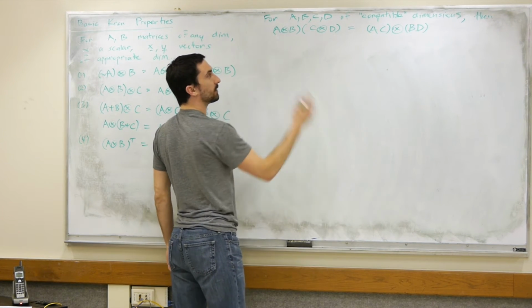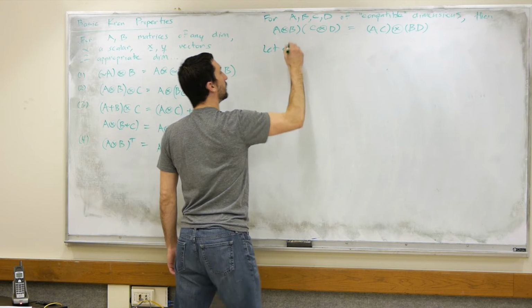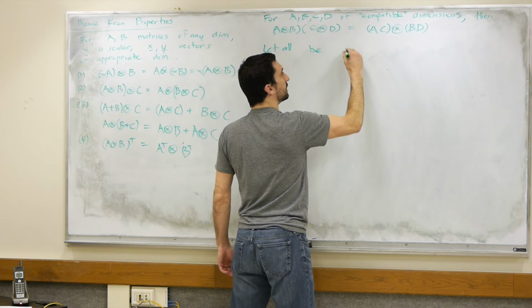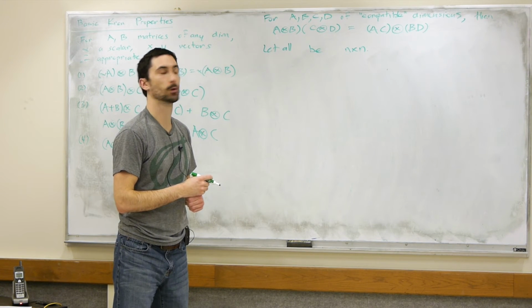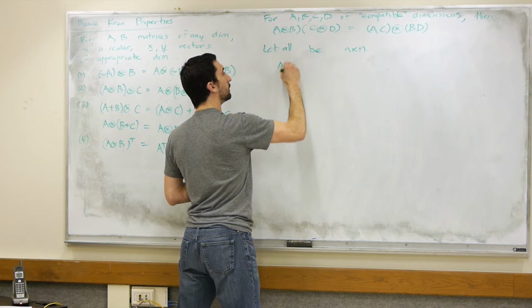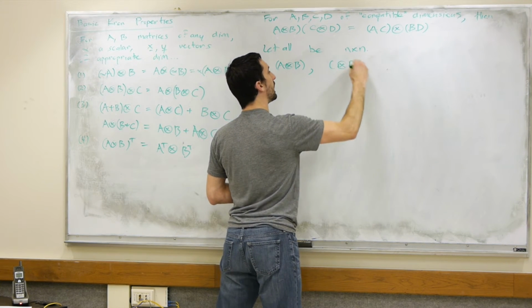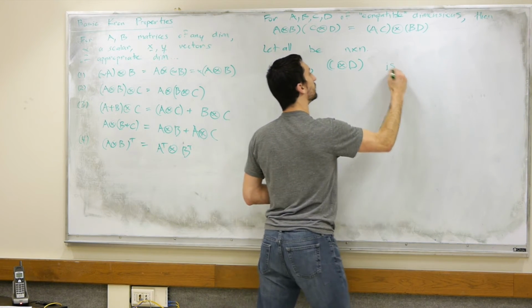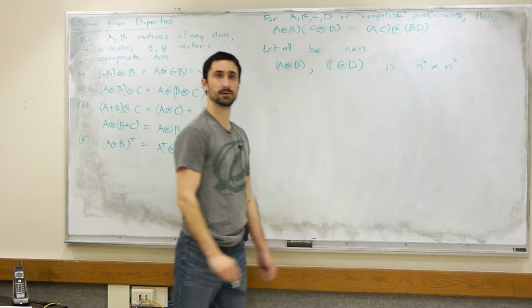So for ease of notation, let all of them be n by n. Okay. Then, if that's the case, we have that each of these matrices is n squared by n squared.